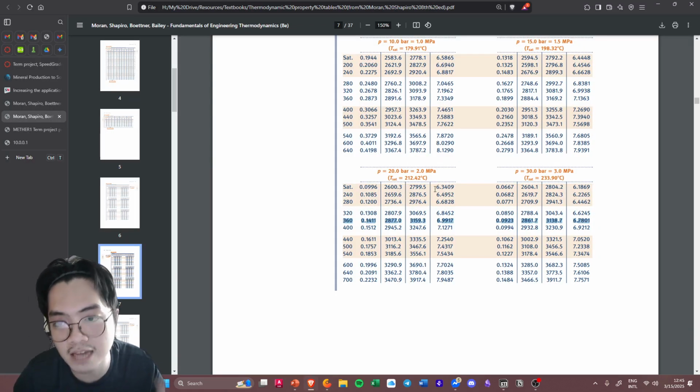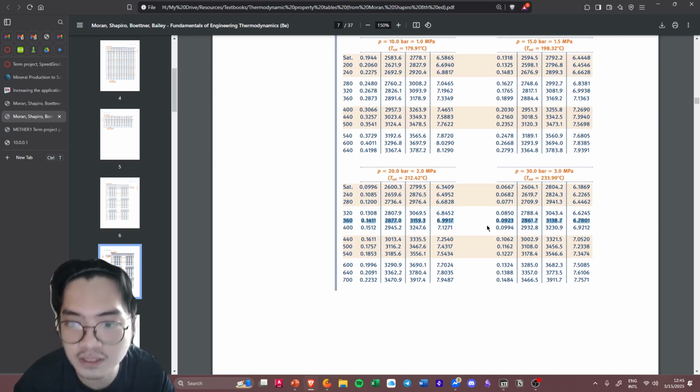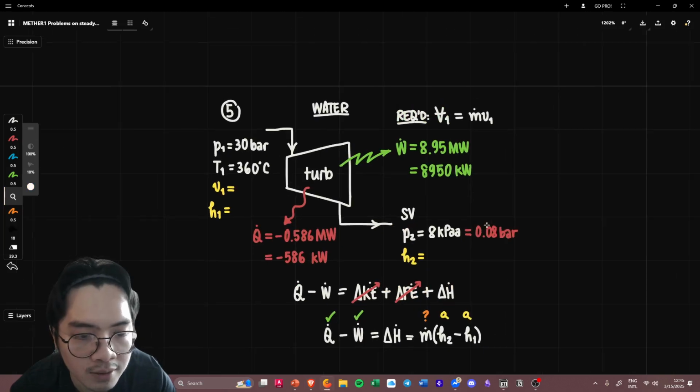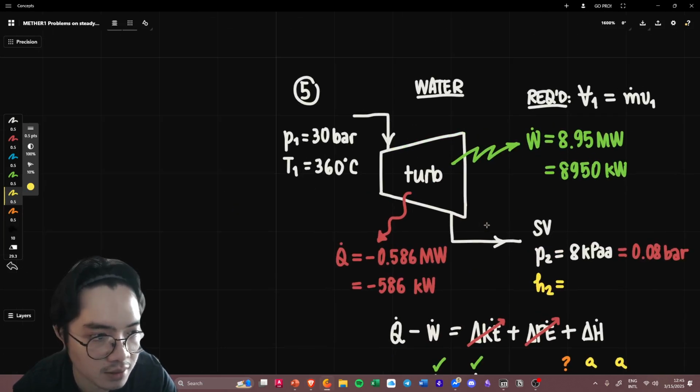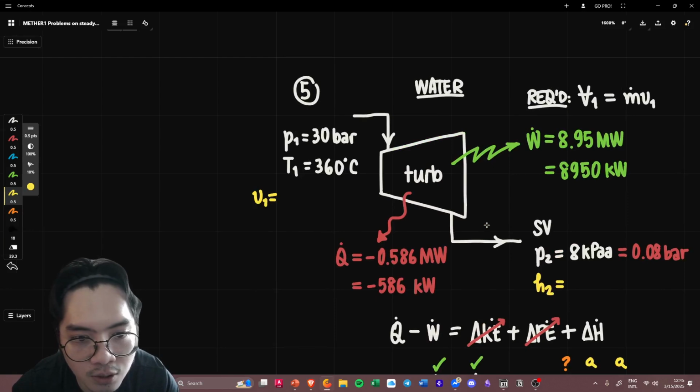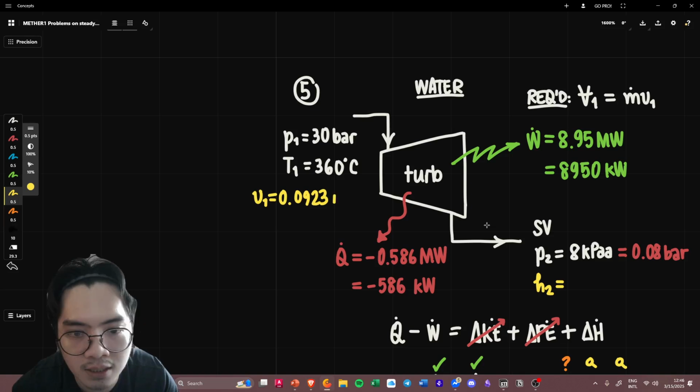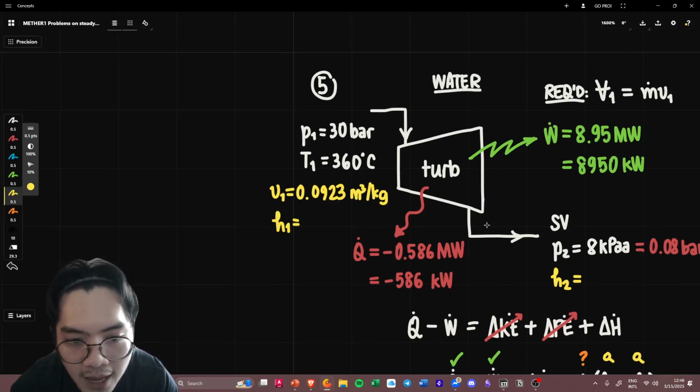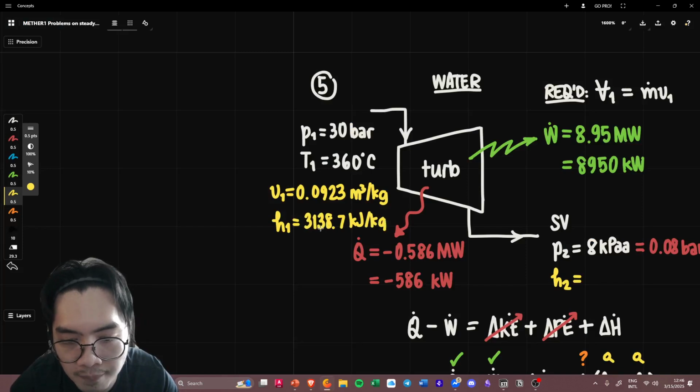We go now to the superheated water vapor table, 30 bar and 360 degrees Celsius. We're supposed to get the values of V1 and H1. So for V1, that's going to be 0.0923 cubic meters per kilogram. And then for H1, we will have 3138.7 kilojoules per kilogram.